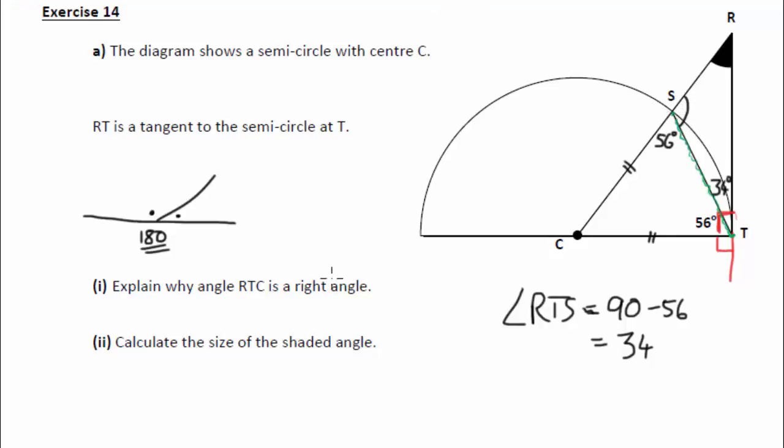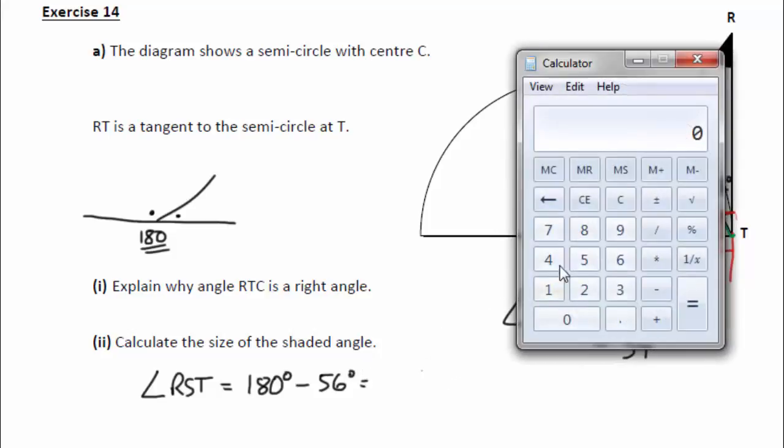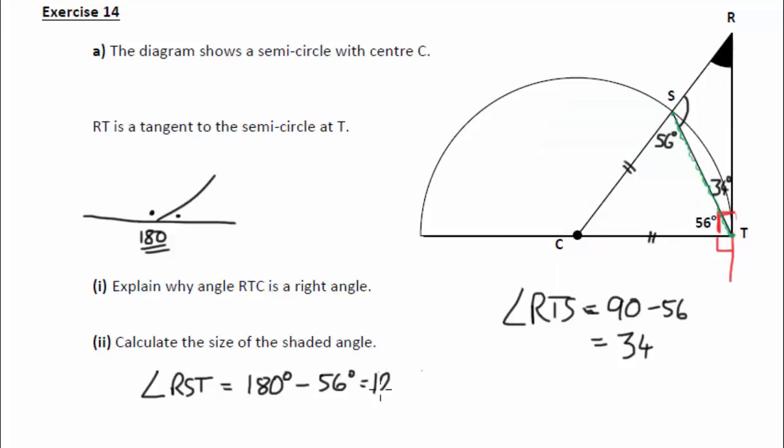So this angle, we'll call it RST, equals 180 degrees minus the 56, and that equals 124.